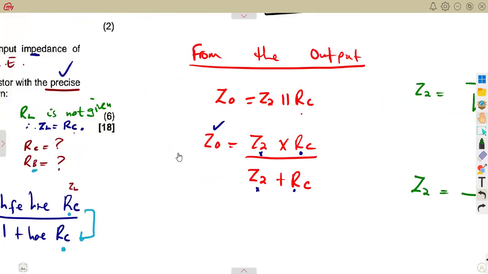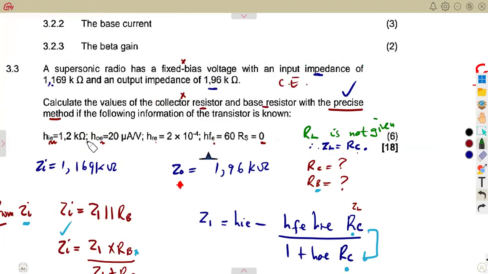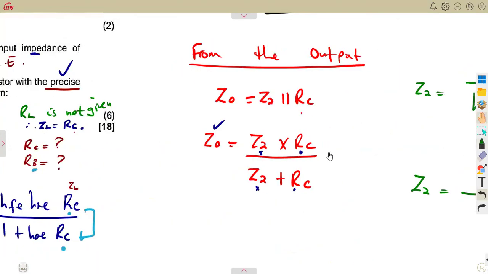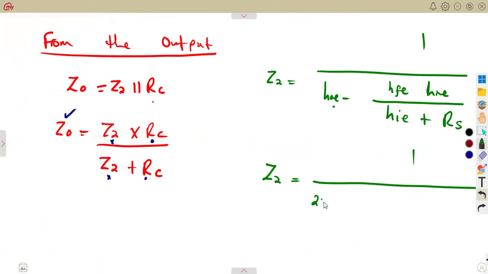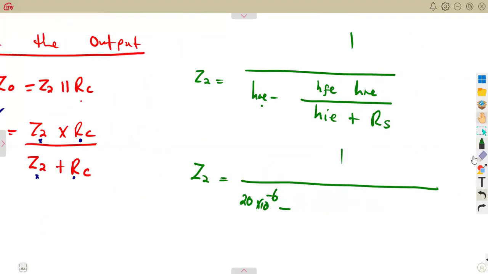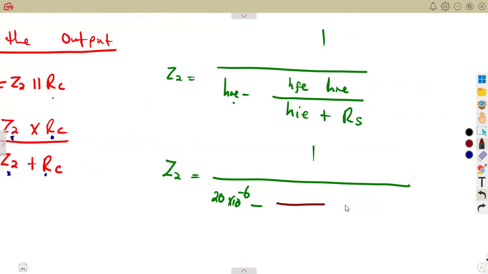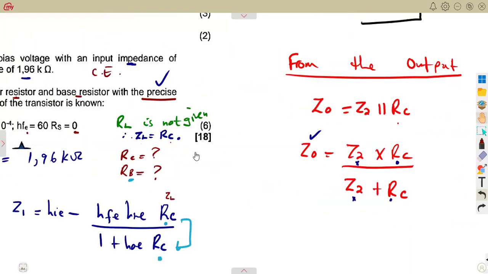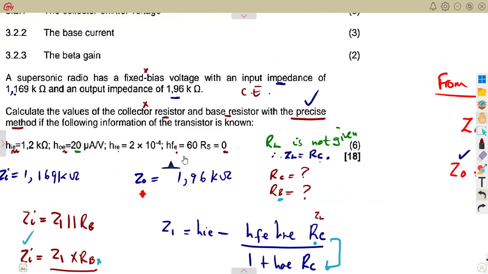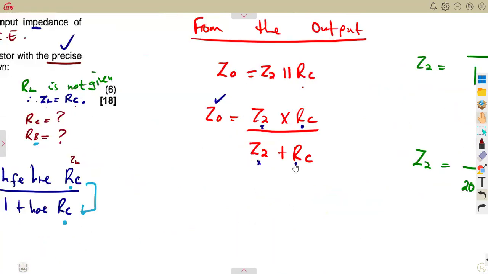These are the values that we are already given. So you're going to substitute your HO, which is 20 micro, 20 times 10 to the exponent of minus 6, minus a fraction, in this case having HF and HR. If we check, our HF is 60 and our HR is 2 times 10 to the power of minus 4.